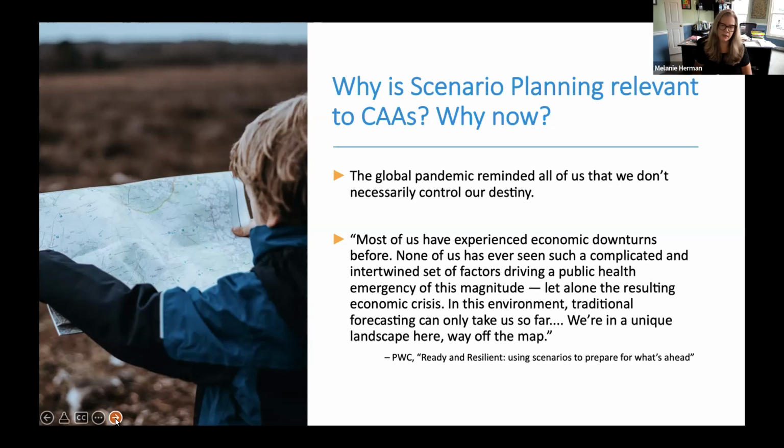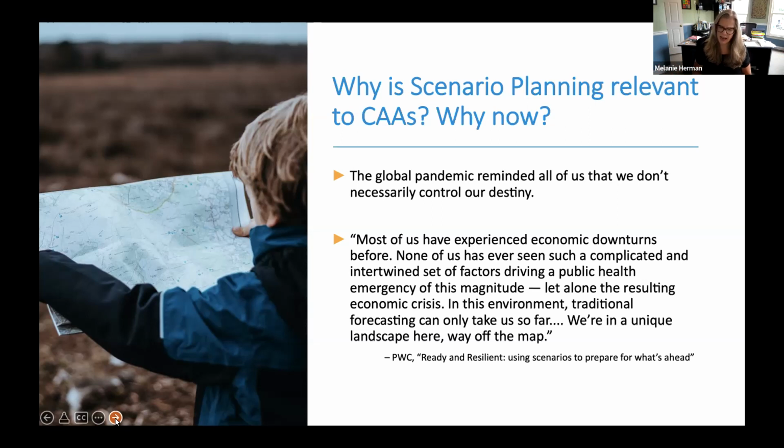And they close this section of the narrative in Ready and Resilient by saying, we're in a unique landscape here, way off the map. Well, one of the reasons that I like this statement about the relevancy of scenario planning is that, to some extent, a good scenario planning exercise should take you off the map, right?